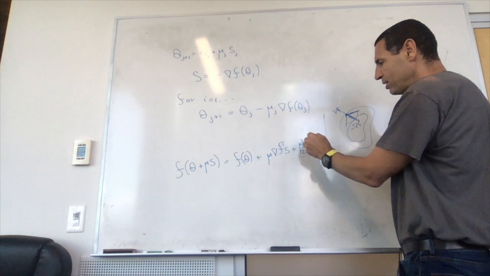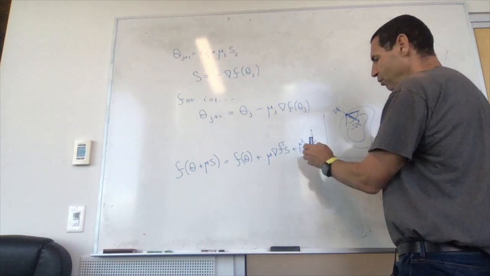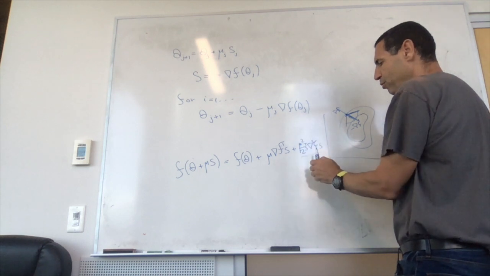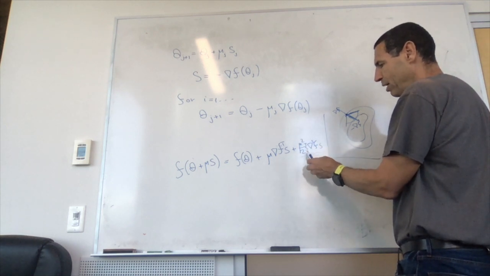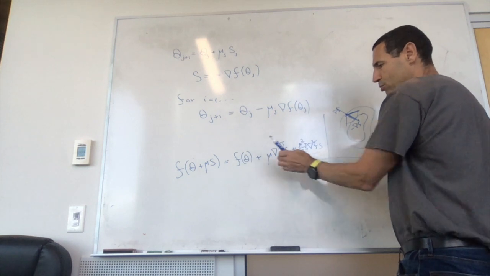The important thing is that this is multiplied by mu square. So if we want to ignore this term, we have to make sure that mu is small enough such that this term is small compared to this one.